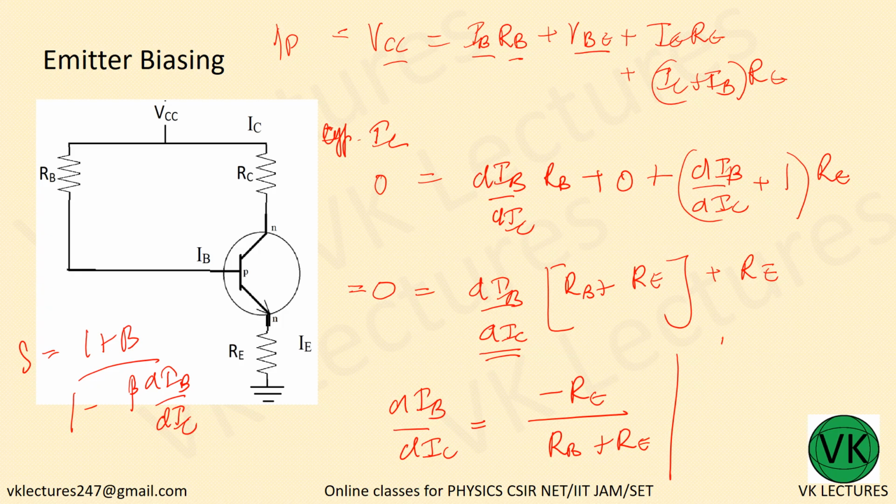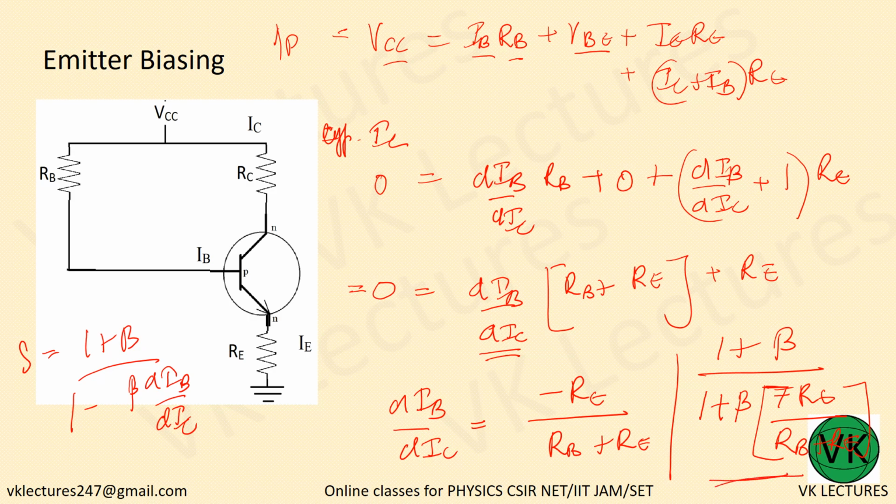So 1 plus beta divided by 1 minus beta into minus RE divided by RB plus RE. So minus and minus becomes plus. So this quantity is 1 plus beta divided by 1 plus beta into RE divided by RB plus RE. Please make a note of it.